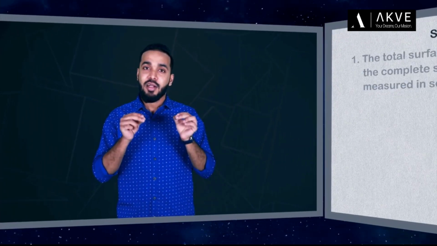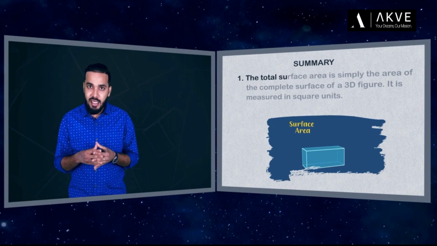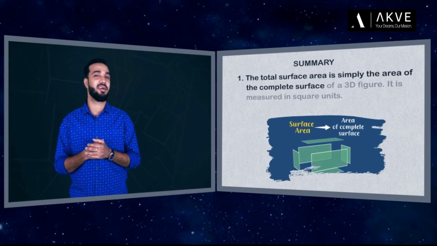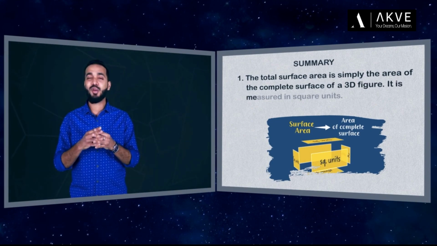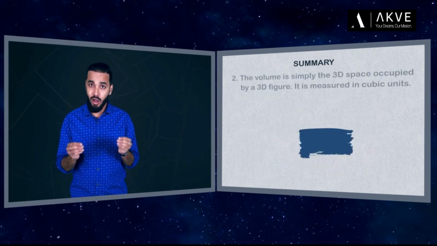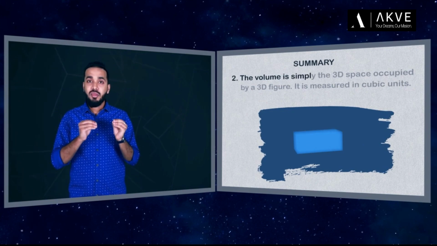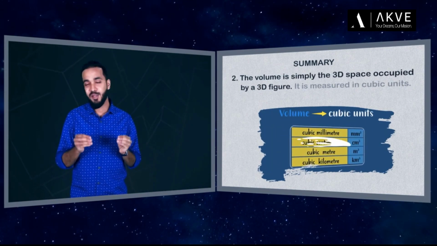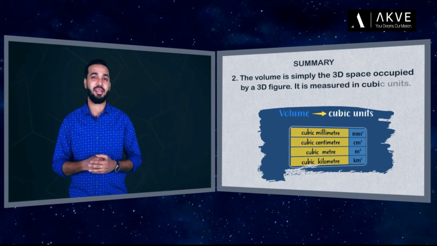So in this video, we learned how to find the total surface area and lateral surface area of cuboids and cubes. We saw that the total surface area is simply the area of the complete surface of a 3D figure. It is measured in square units. The volume is simply the 3D space occupied by a 3D figure. It is measured in cubic units.